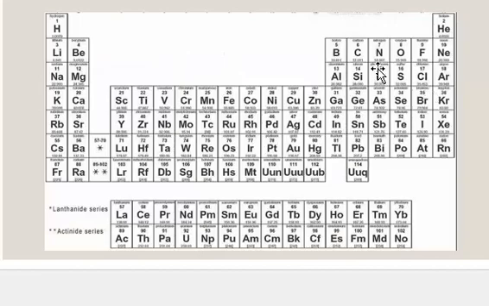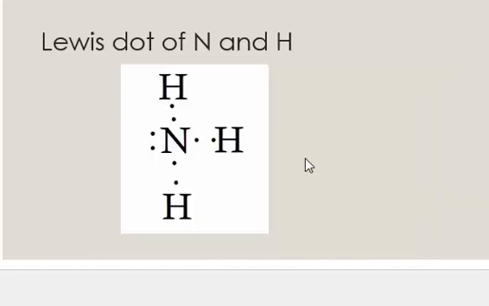Let's look at ammonia. Since nitrogen is in family 5A, it has 5 valence electrons. We place those 5 valence electrons around the nitrogen atom, 1, 2, 3, 4, 5, and see that there is 1 lone pair and 3 unpaired electrons.